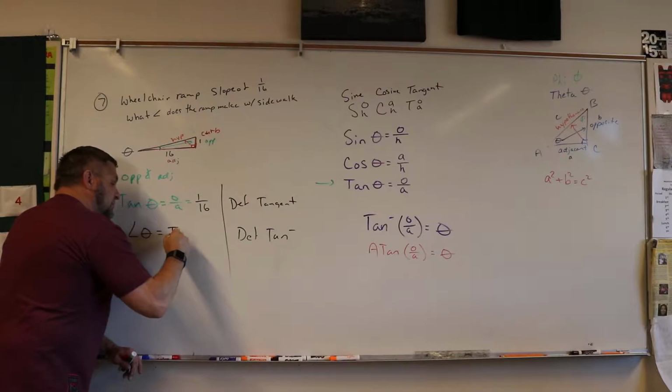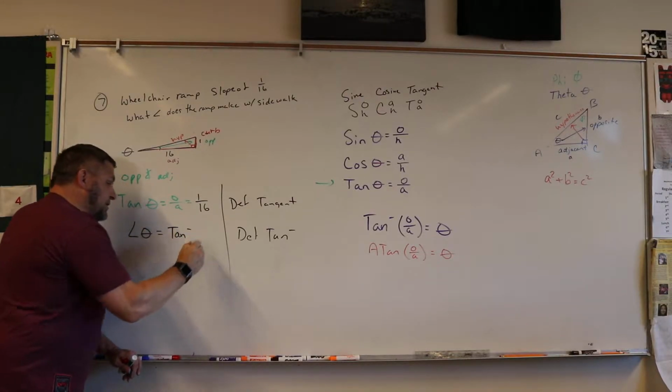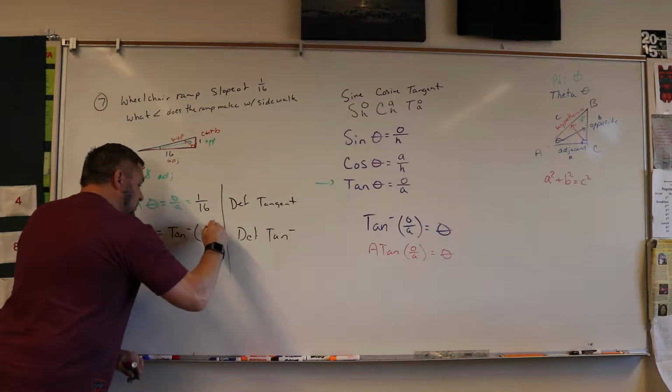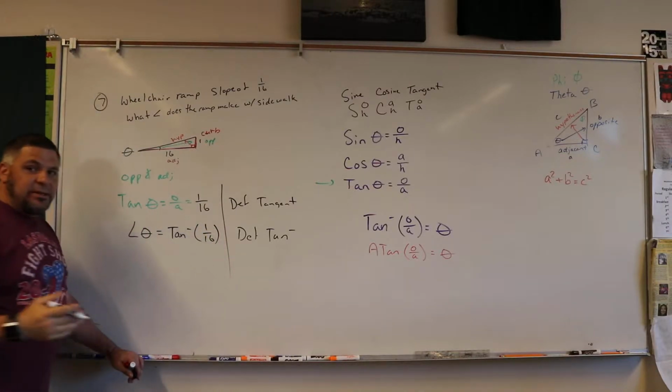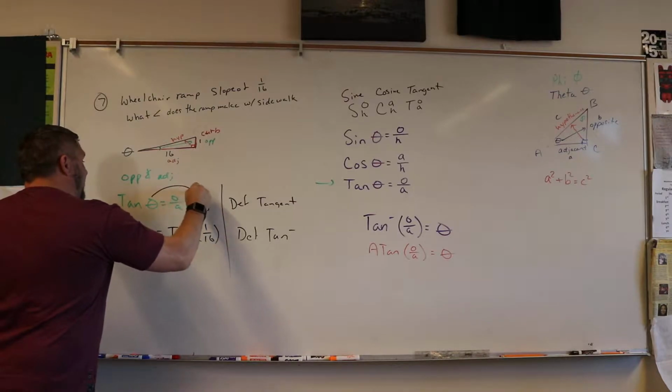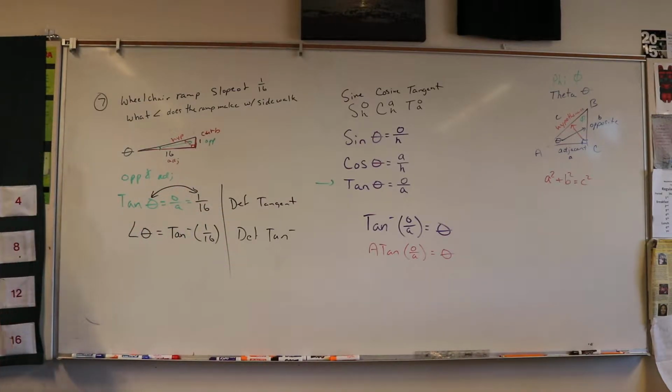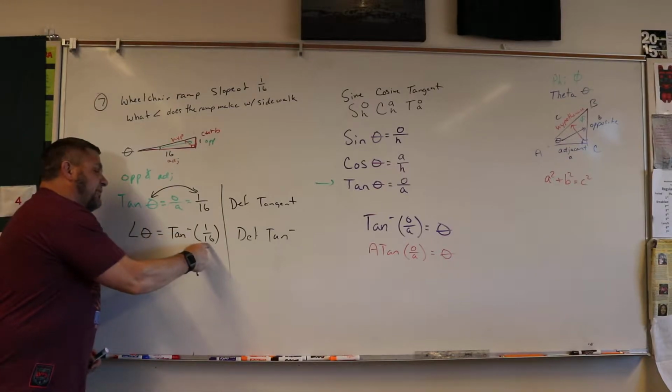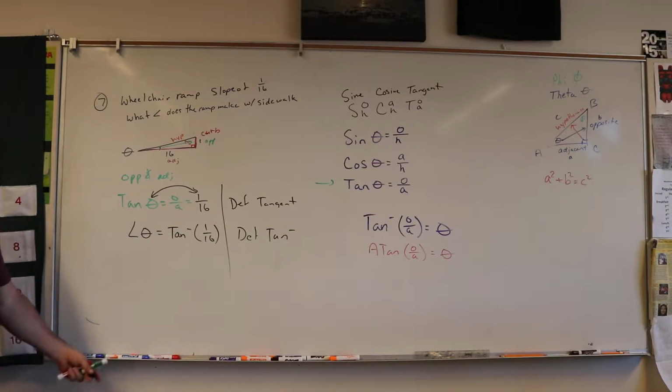Tangent inverse of 1/16. That's it. So you take this and you flip them. Tangent theta equals 1/16. So therefore, tangent inverse of 1/16 equals theta. That's all it is.